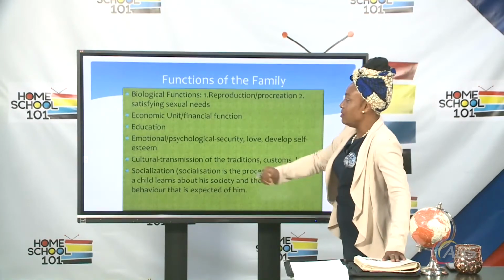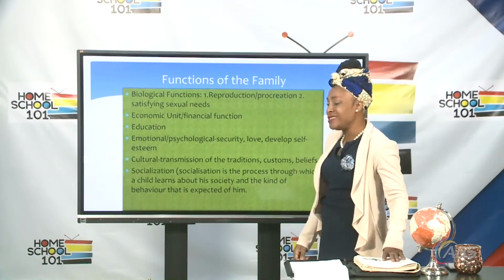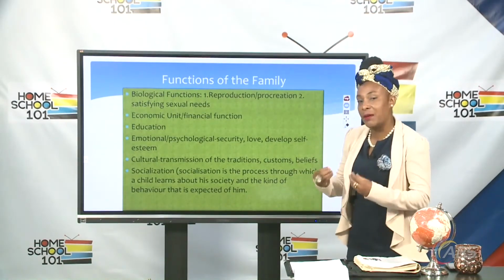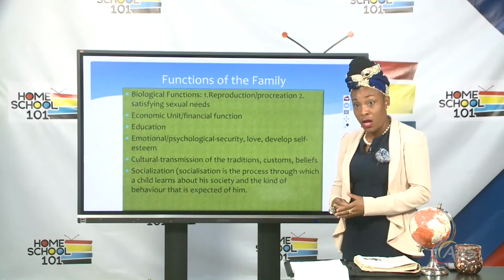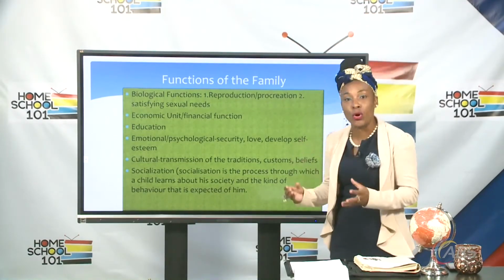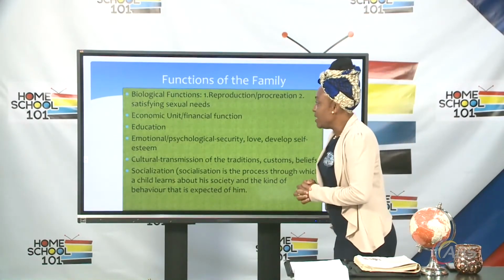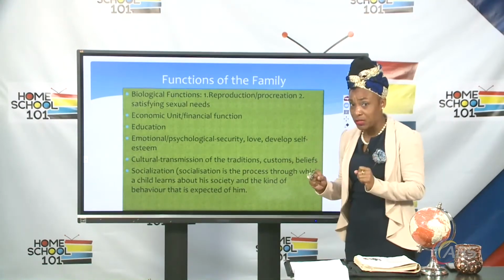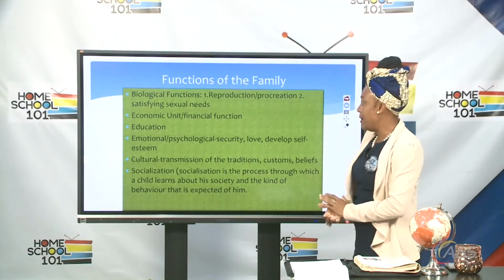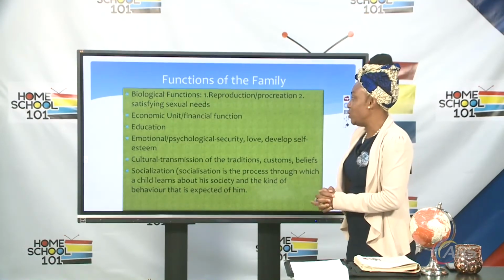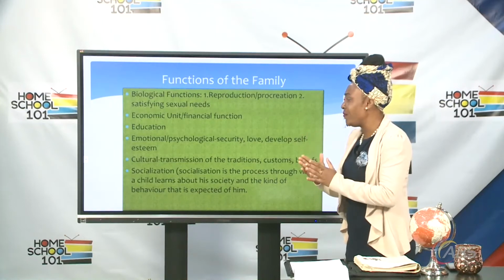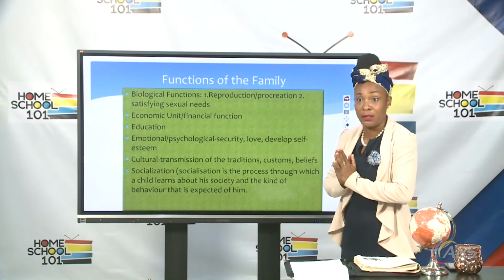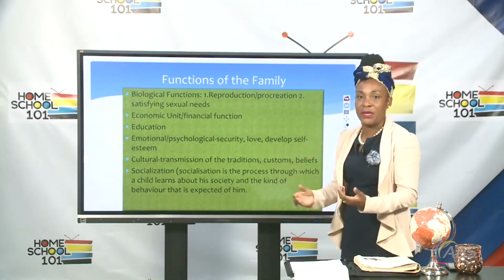Okay, so the economic, or financial function, is another critical function of each family, because this determines what type of lifestyle we can afford and what kind of lifestyle we're able to enjoy. Now, economic means the money that is generated primarily from our parents, because they are the adults in the home, and they are expected to ensure that they have a good financial structure in order to run the household properly and satisfy all our basic needs.